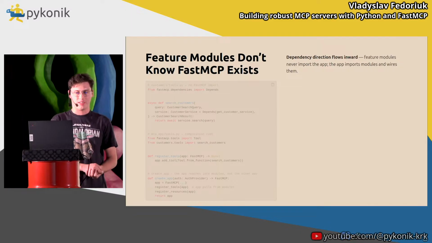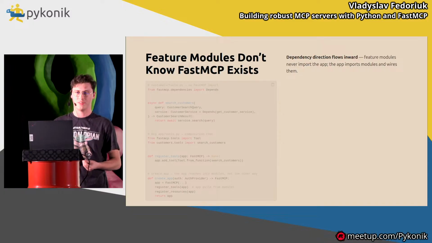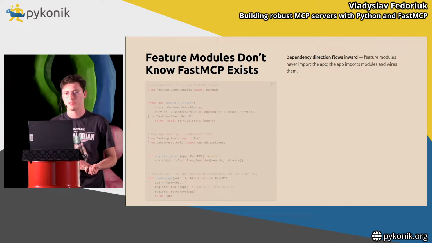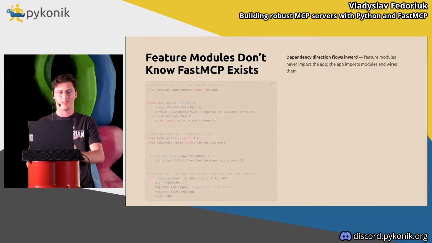Another thing is that this app factory could take care of registering the tools, or basically any MCP resources, provided by any of your application modules. And it gives a great benefit in that dependencies in your application would flow one way, inwards, instead of outwards.